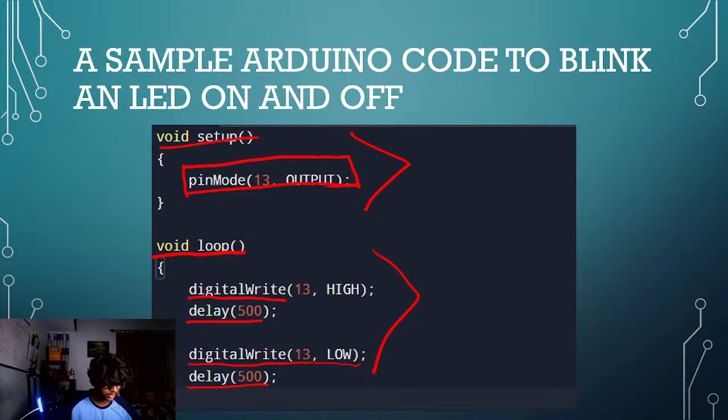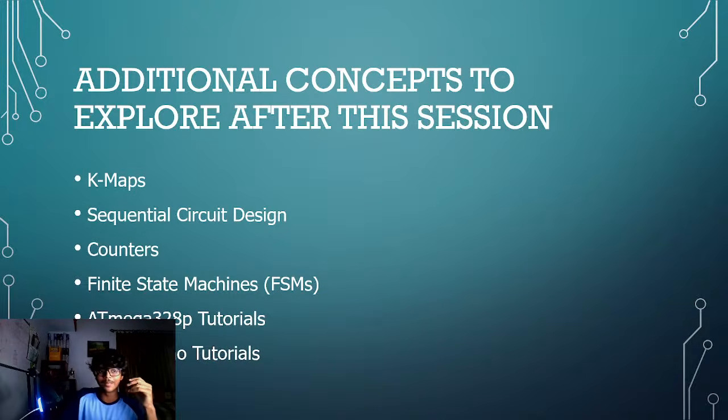Yeah, cool. All right, so that is pretty much it for what I wanted to cover this session. Additional concepts to explore after this session, I've listed a bunch of them over here. I did cover these on a surface level. I talked about K maps and how they simplify binary circuits.